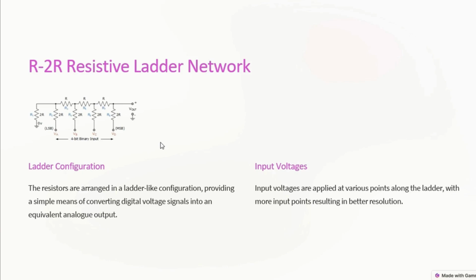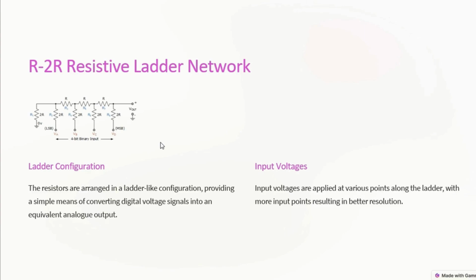Input voltages are applied to the ladder network at various points along its length, and the more input points, the better the resolution of the R2R ladder. The output signal, as a result of all these input voltage points, is taken from the end of the ladder, which is used to drive the inverting input of an operational amplifier.